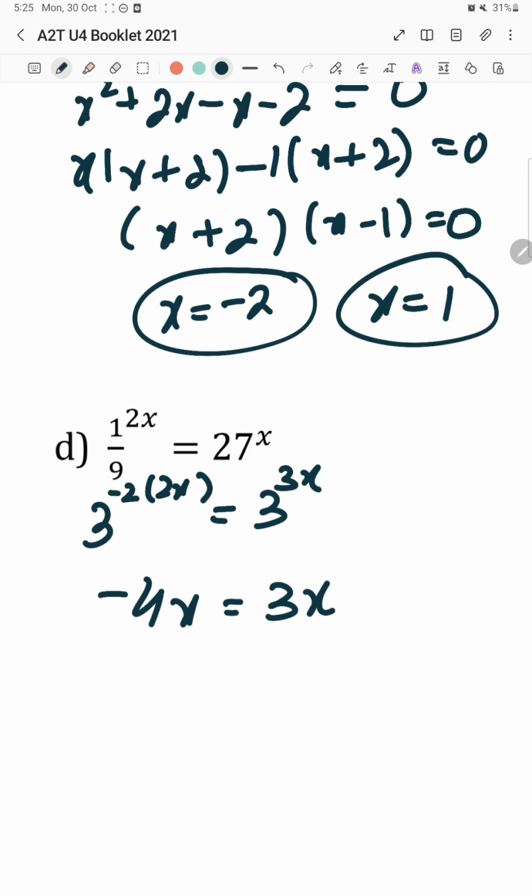It's going to be 1 by 9 to the power 2x, 3 times 3 is 9 and 3 times 3 is 27. So x is going to be equal to 0.